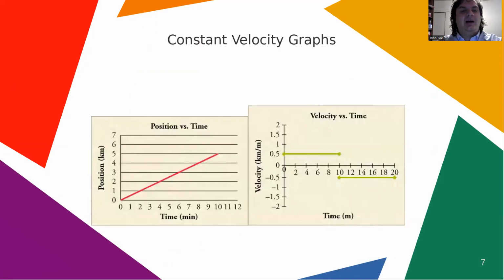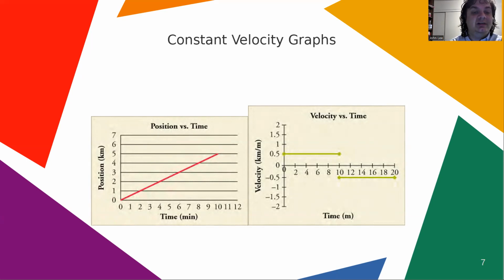So for constant velocity, we see that position versus time is a linear graph. For this graph, it's going forward at 1/2 kilometer per minute.